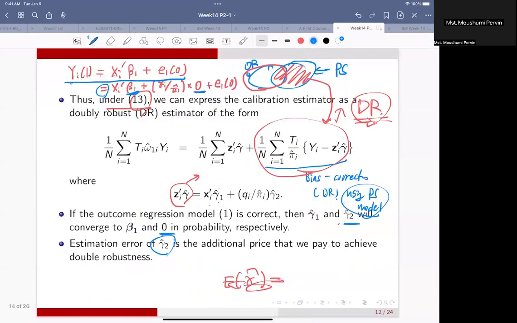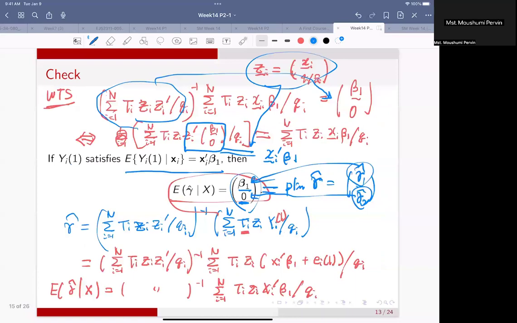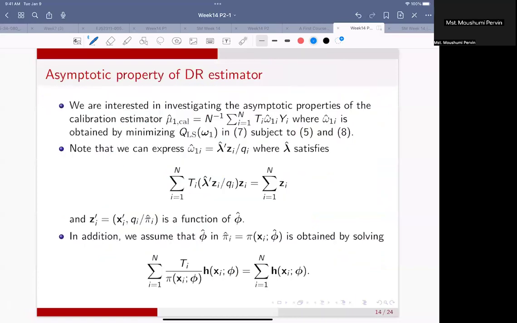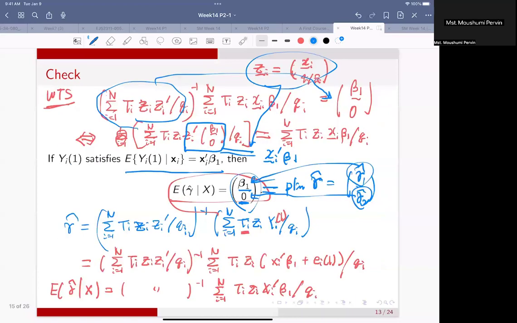So that is basically what we have here. Okay, so that is all about the algebra and some statistics.